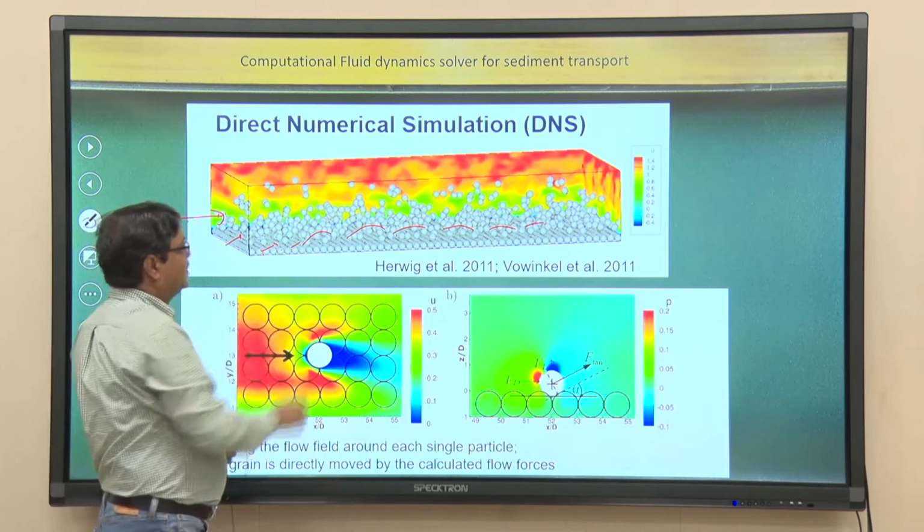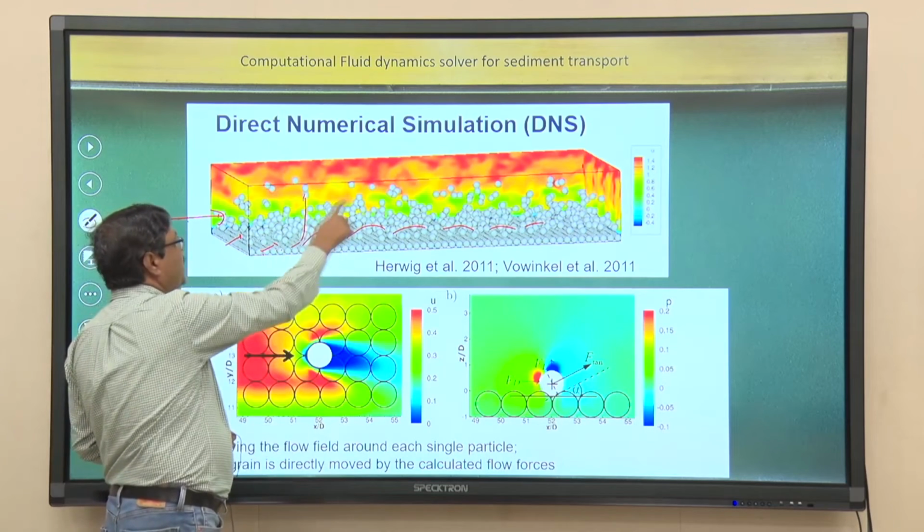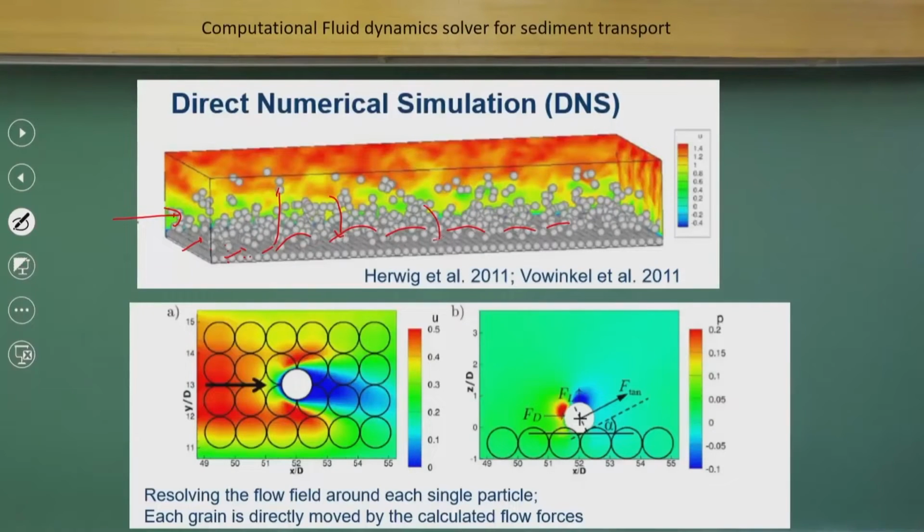You can see how the particles are moving and also falling down.